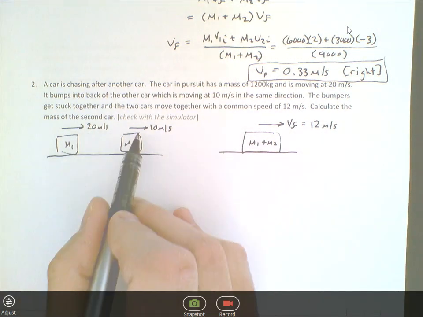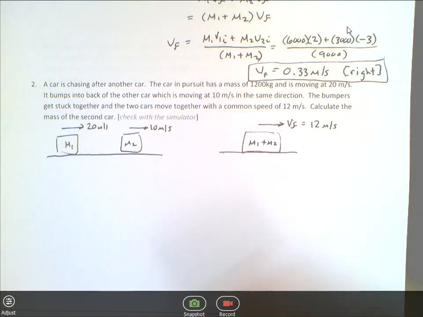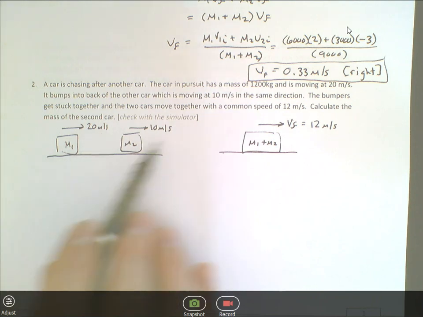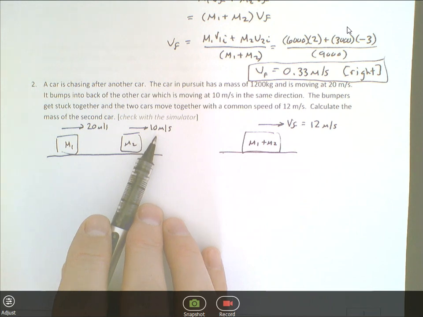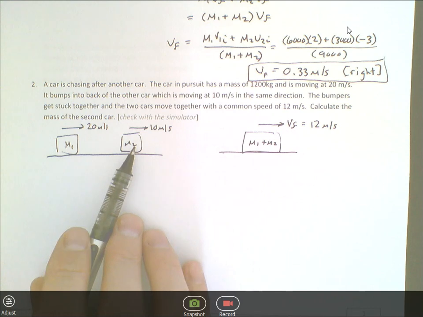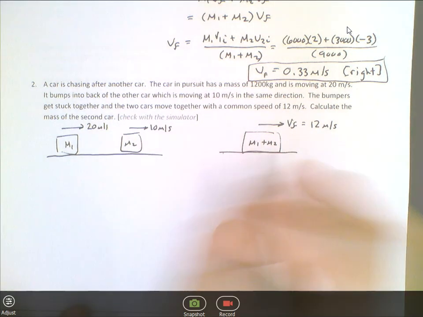If the one car went from 20 down to 12 and the other one went from 10 up to 12, this changed by 8 meters per second negatively, and this changed by 2 meters per second positively. That means that this one felt the impact way more than this one, which means that this one is likely to be significantly more massive than the other one. And that's what we're going to see now. You might even be able to start thinking about ratios and see if you can think about what that solution might be. But let's write it out.